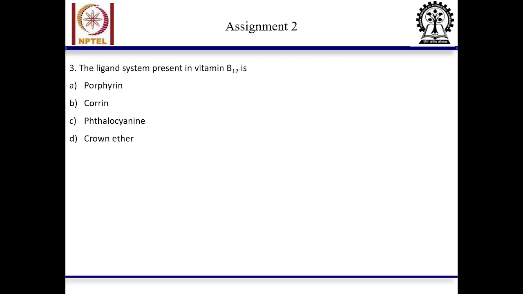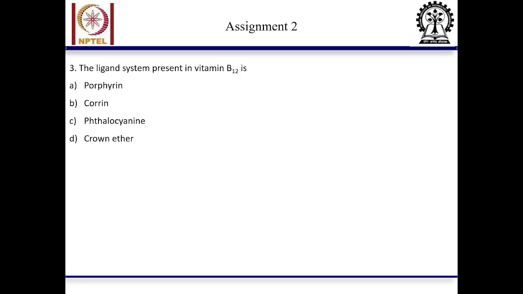Yeah, great. So now question number 3, the ligand system present in vitamin B12. Okay, ma'am is saying corrin ring. Anyone else? Anyone has a different opinion? Yeah.